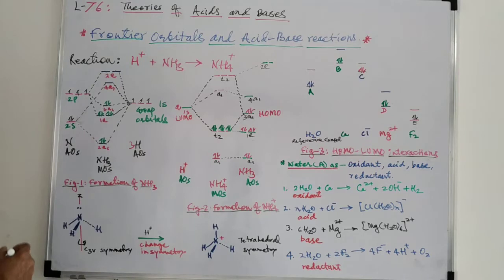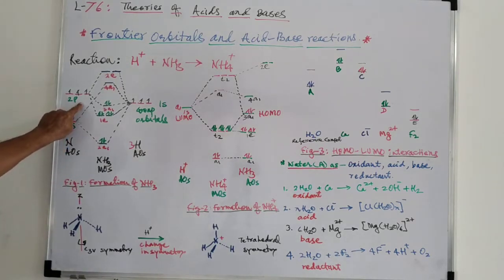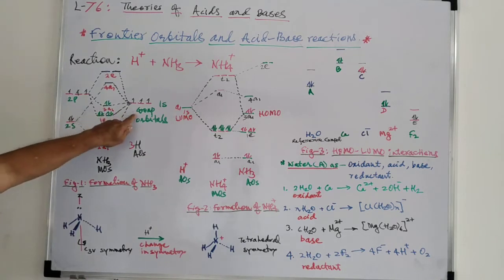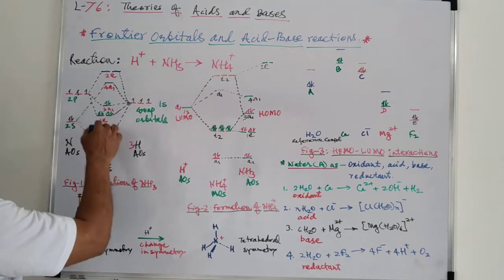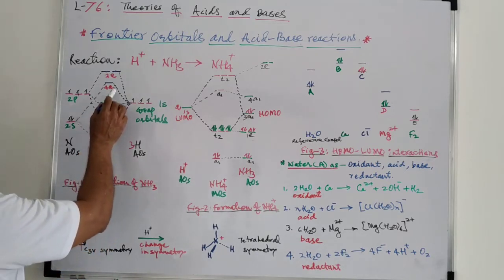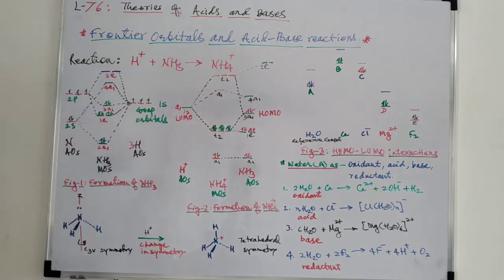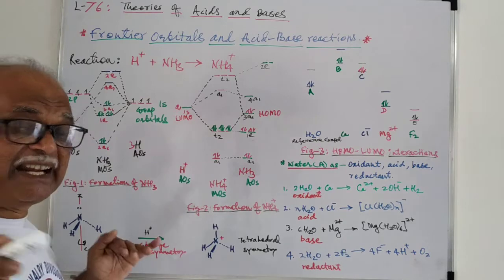So you will find that there is 1 2s and 3 2p, in all 4, and plus these 3 means 7 orbitals. So they will result in an equal number of molecular orbitals. Out of these 7, 4 are bonding in nature and 3 anti-bonding in nature. So this is about the NH3 molecule.